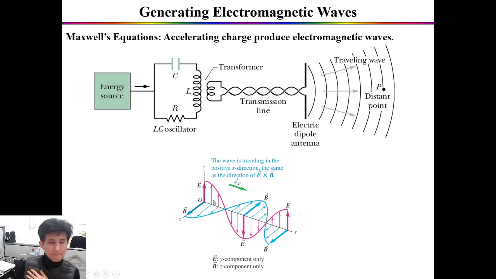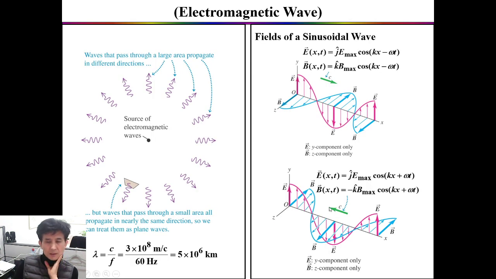And electric field and magnetic field have a right angle, and this is how the electromagnetic wave propagates through the medium. I cannot derive a mathematical expression for this, but this is what happens based on the modified Ampere's law and Faraday's law.